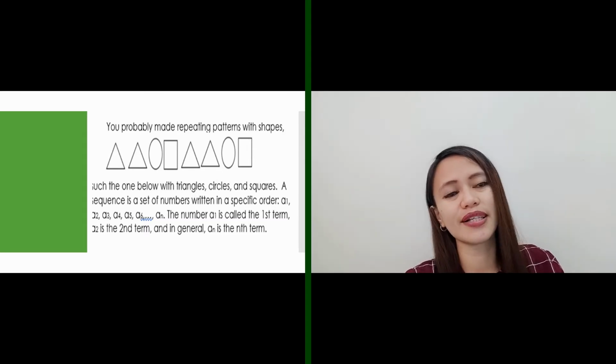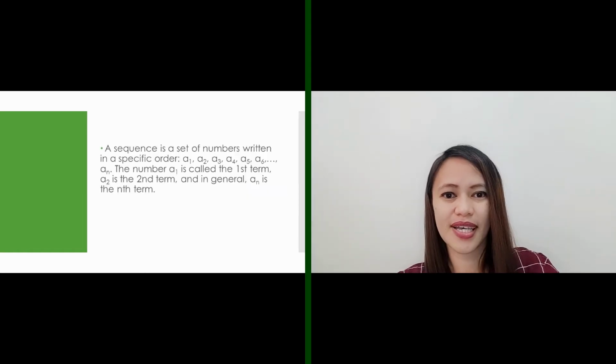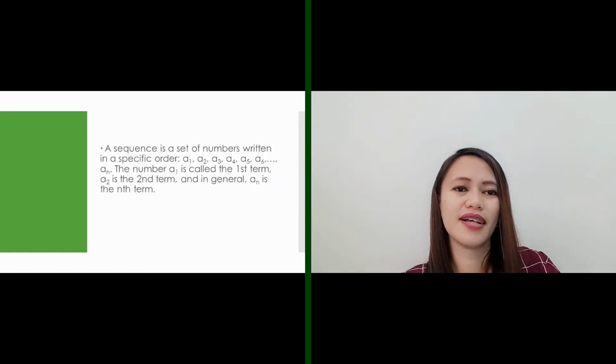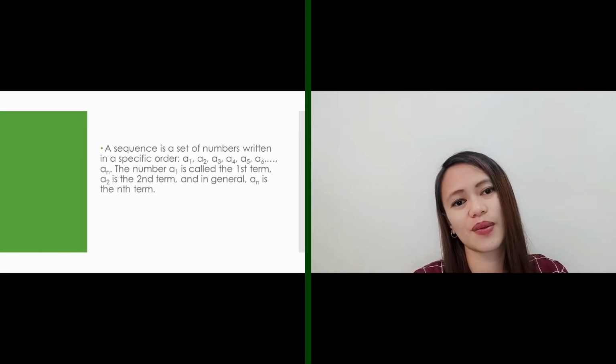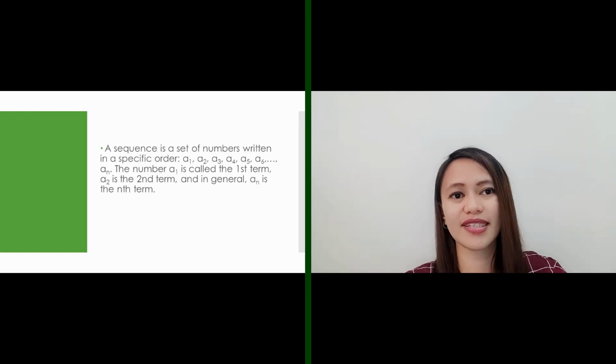The number a sub 1 is called the first term, a sub 2 is the second term, a sub 3 is the third term, and the general or nth term is a sub n. A sequence is a set of numbers in a specific order, so that's the sequence.